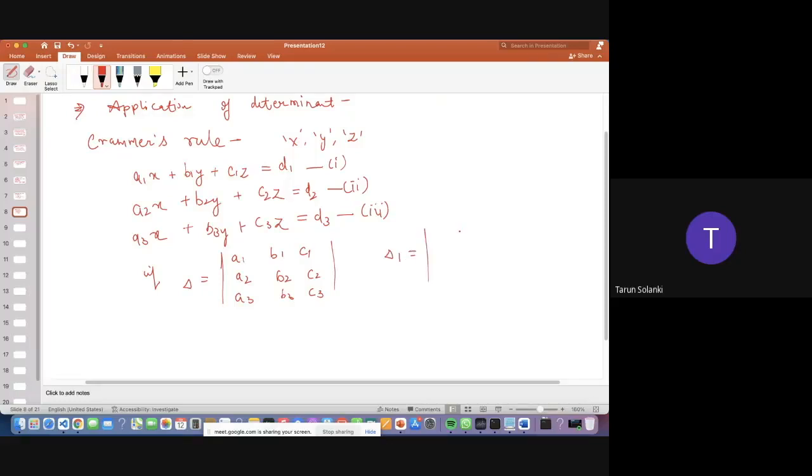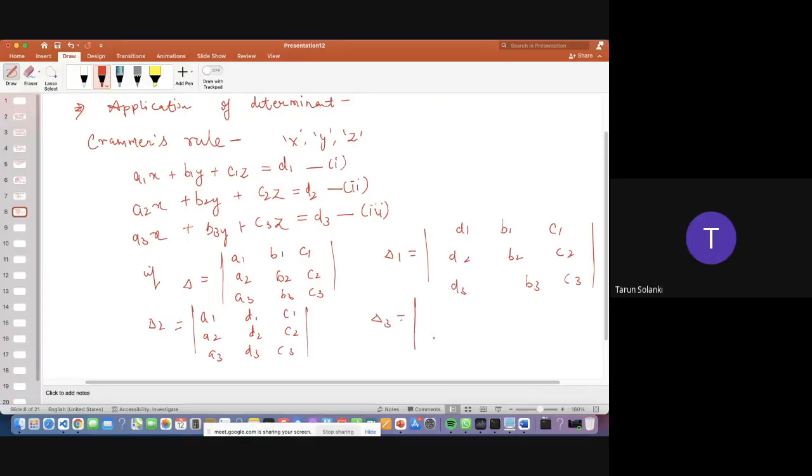delta 1 is d1, b1, c1, d2, b2, c2, d3, b3, c3, and delta 2 is a1, d1, c1, a2, d2, c2, a3, d3, c3.